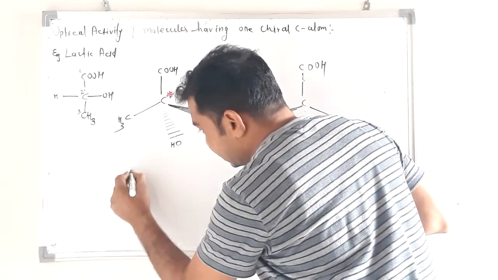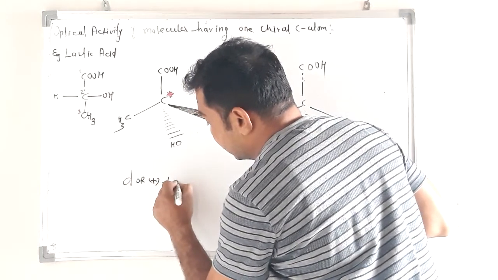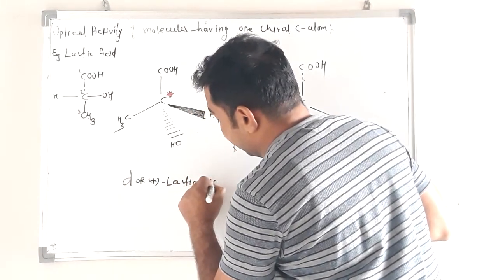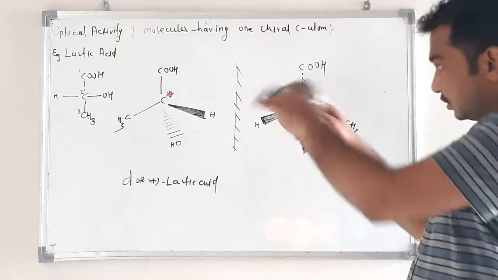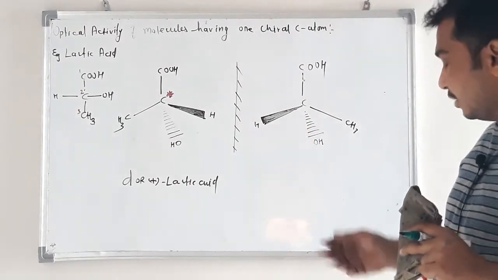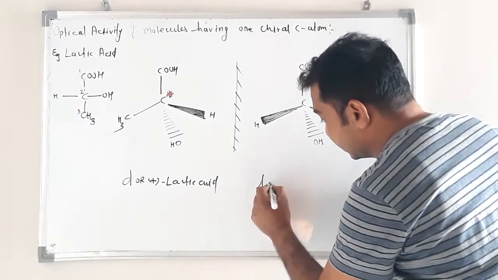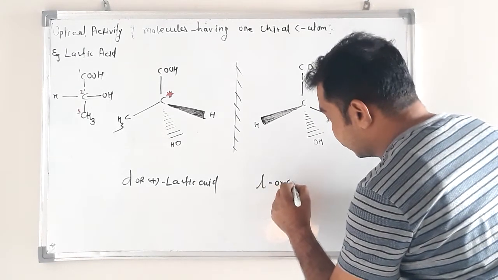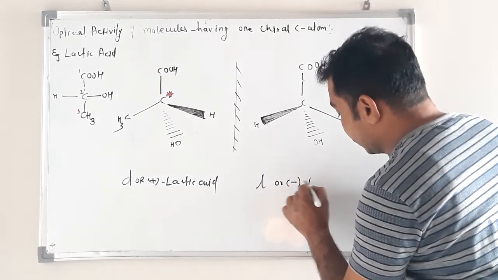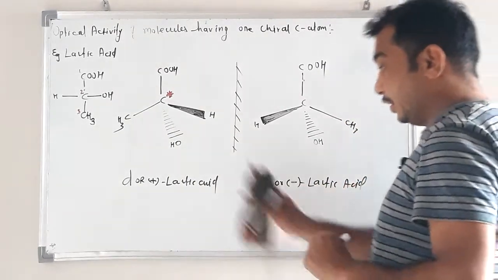That's why it is named small d or plus lactic acid. And again, if we take its mirror image and pass plane polarized light, then there is rotation toward the left side. That's why it is L or negative lactic acid.